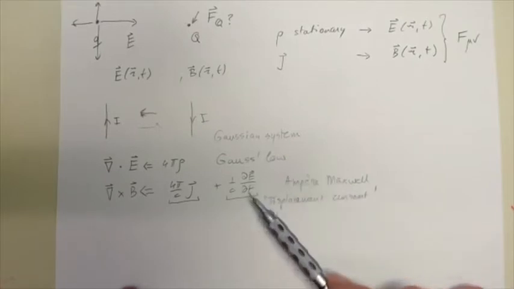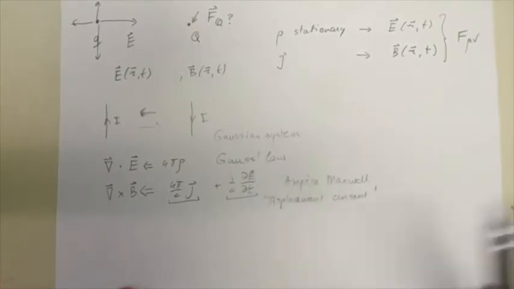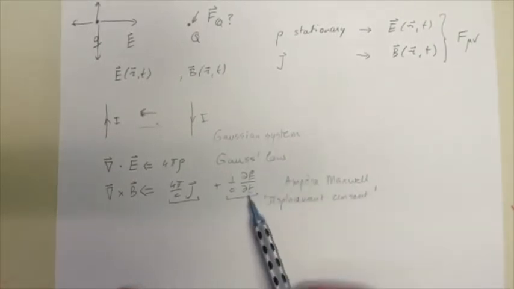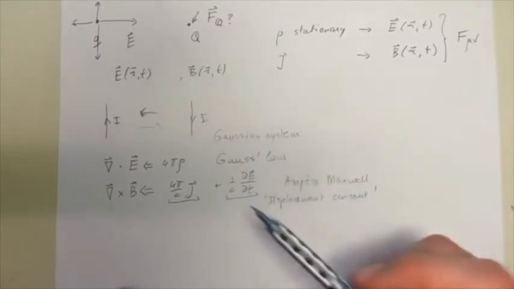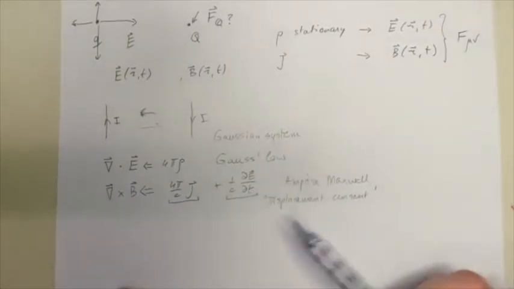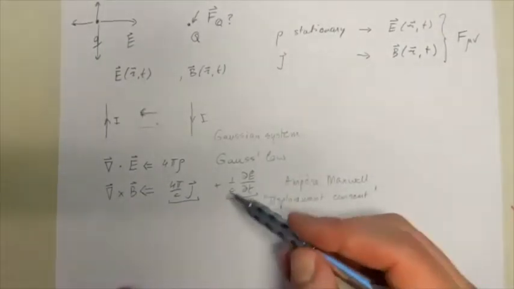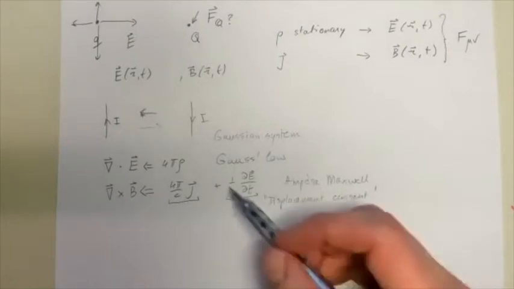So Maxwell saw that, and then he added this term to it. And the nice thing is that this term is actually the thing that makes electromagnetic waves possible. So all of a sudden, by realizing there was a vector identity that was violated, he added a term to it. All of a sudden, out came optics, which is cool.